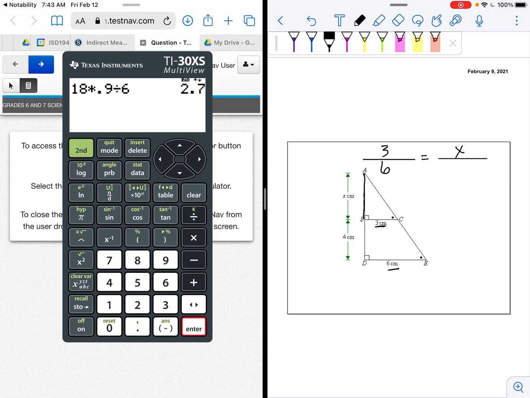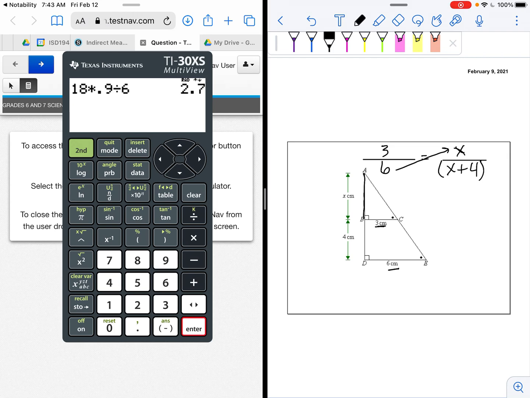But I don't know this whole side length. I don't know all of this, but I know this part is 4. So this whole side length is going to be x plus 4. Now I'm still going to do my multiplication, but I'm going to put this in parentheses.